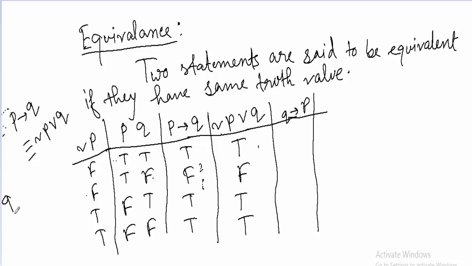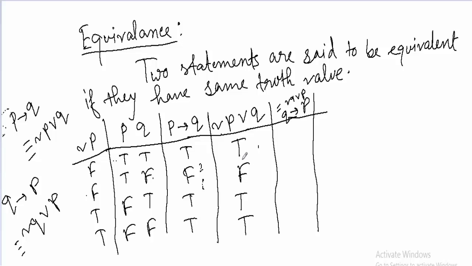So that means Q implies P will be equivalent to not Q union P, right? Similarly, Q implies P equals not Q union P.